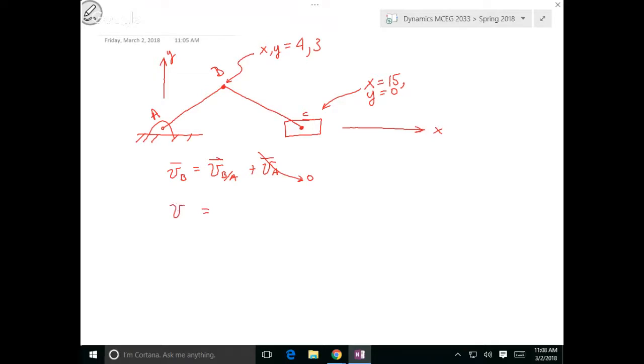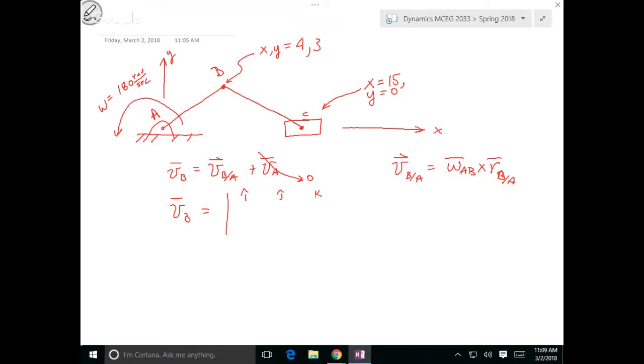So you can find the velocity of B from a standard IJK, and I'll write it over on the side. It equals omega AB cross R B to A. So I need to specify what the omega is. I'll just say omega is equal to 180 radians per second.